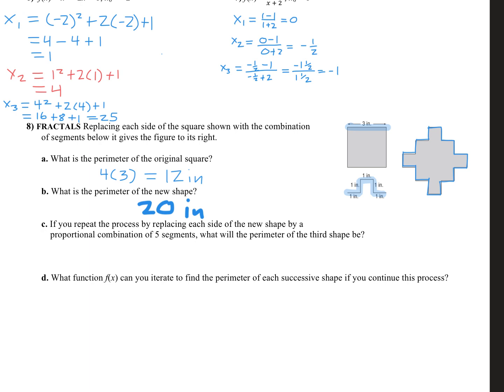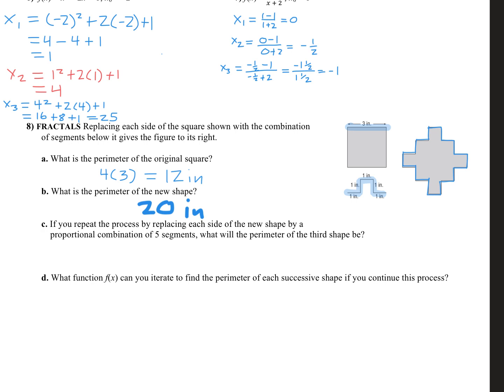All right, if we repeat the process by replacing each side of the new shape by a proportional combination of 5 segments. All right, so proportional, that implies that a ratio is being used. They want us to find the perimeter of the third shape.